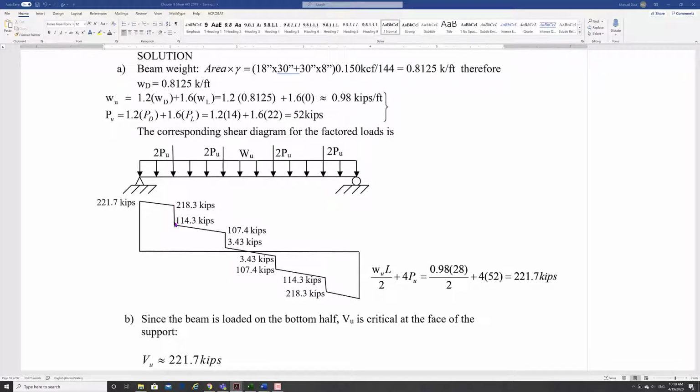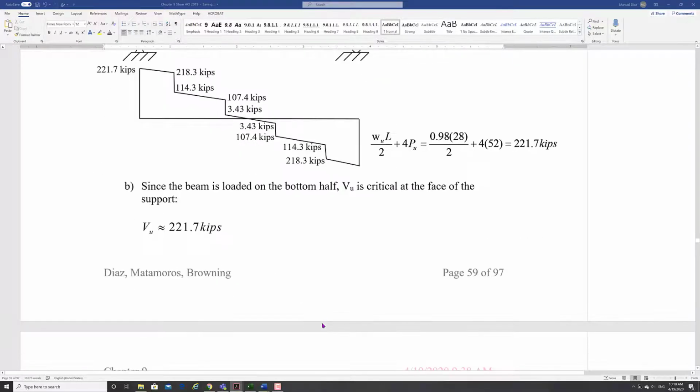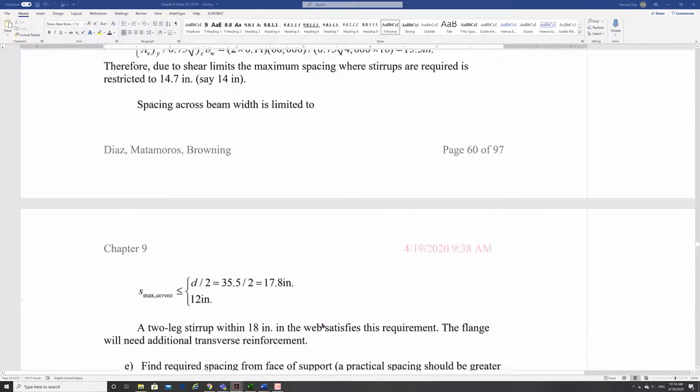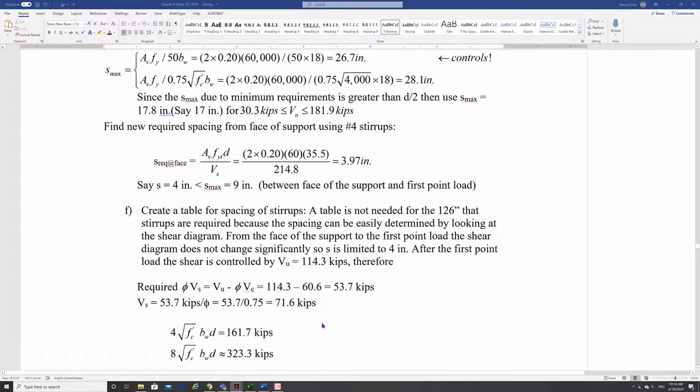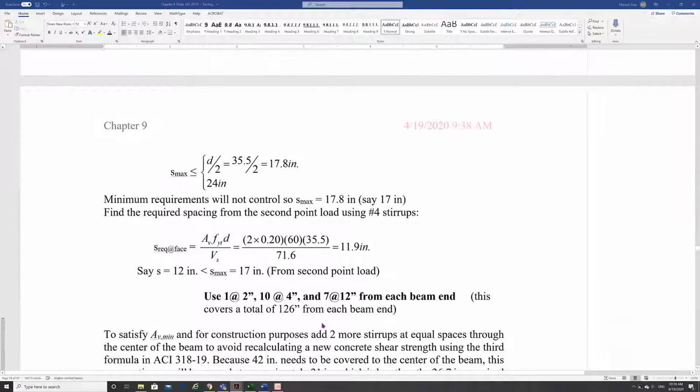At this moment I can change to 12 since I rounded up, and I can go from 12 all the way through here. At this moment, what happens is it's going to drop to this point, and I don't need really anything except my minimums. And so I have then covered all that distance by doing that.